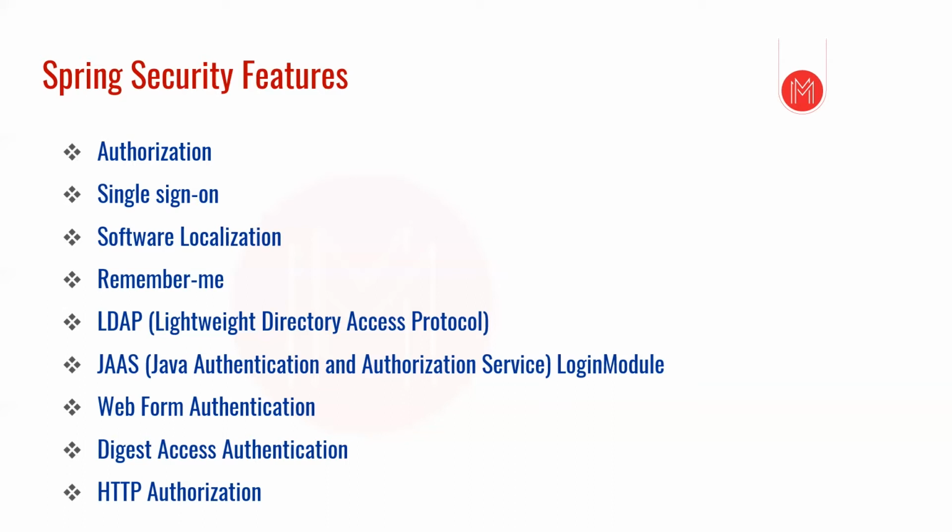And one more point, software localization. This capability enables us to create user interfaces for applications in any language. So we can implement enterprise applications with support for different languages, I mean the browser supported languages.